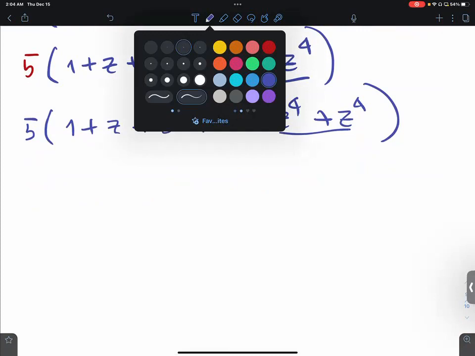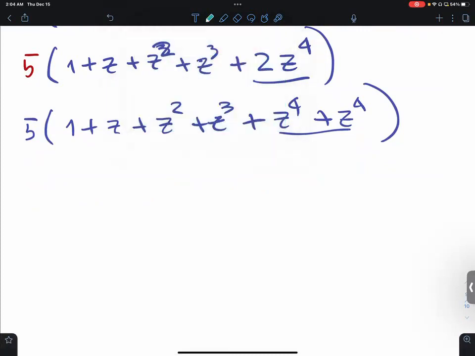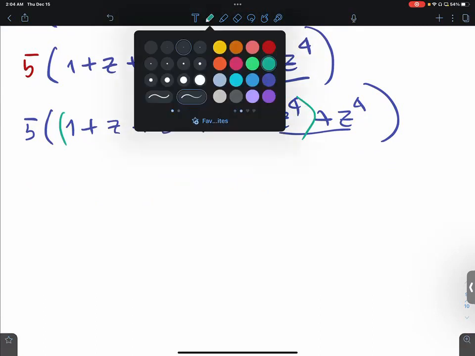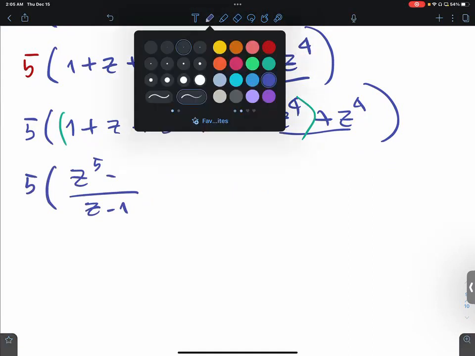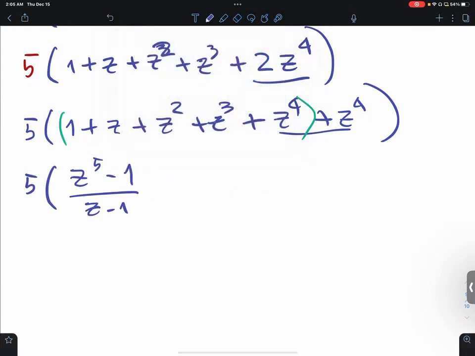And now from here to here, we can replace that by the division, 5 times z to the 5th minus 1 divided by z minus 1. I don't want to write parentheses yet. Then it's going to be plus z to the 4.